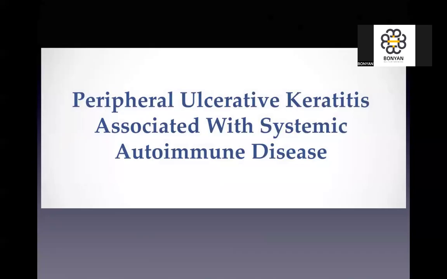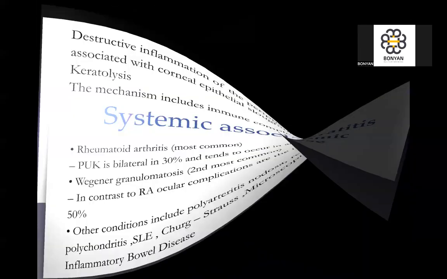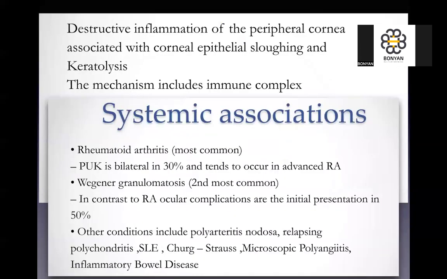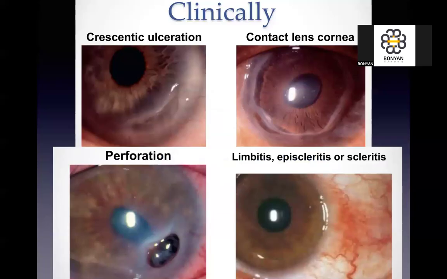Finally, the PUK, peripheral ulcerative keratitis, which is associated with systemic autoimmune disease. The most common one is rheumatoid arthritis. So, rheumatoid arthritis may be associated with the PUK. It's enough to know that.